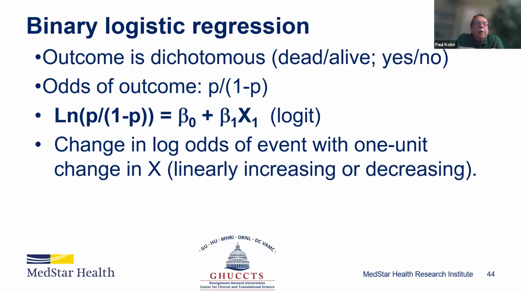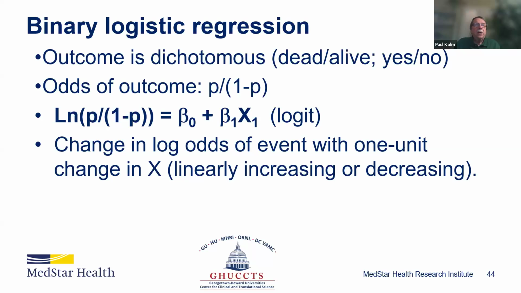And so in this case, our regression coefficients, our beta, are going to indicate the change in log odds of an event with a 1 unit change in the x variable, or the test, or whatever it is we're looking at. And this is complementary to regular linear regression, where the betas are just the change of the value of the outcome with a 1 unit change in the covariates.